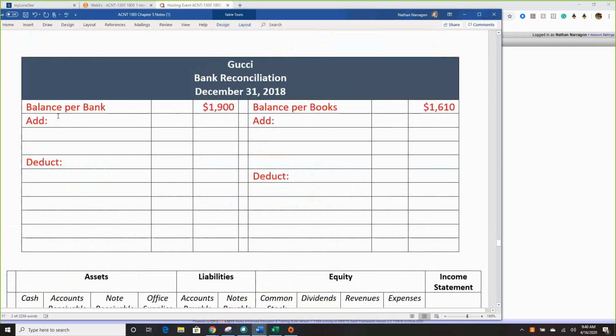That would also mean on the bank side, cash should go up. We should add. This again is a deposit in transit.